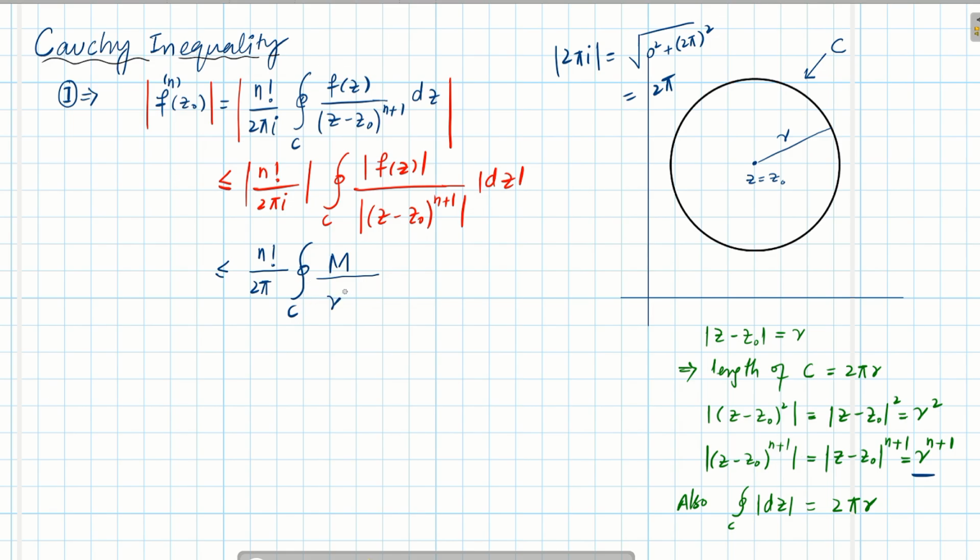So substitute here r to the power n plus 1 into mod of dz. अच्छा, यहाँ से आपके पास M जो है ये कांस्टेंट है, r जो है ये भी कांस्टेंट है, सो इनको आप इंटीग्रल से बाहर लेके आए, so it becomes n factorial over 2 pi then M over r to the power n plus 1, and here we have the integral along C of absolute of dz.